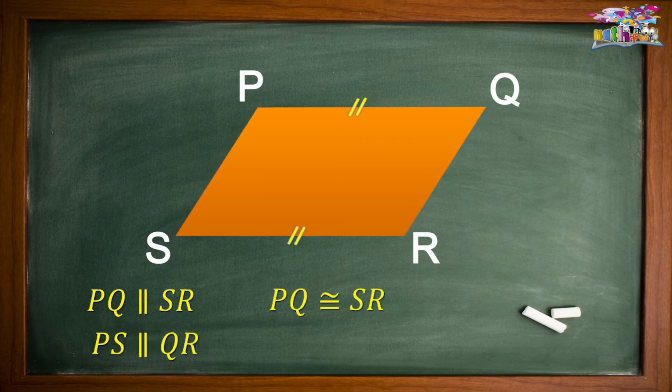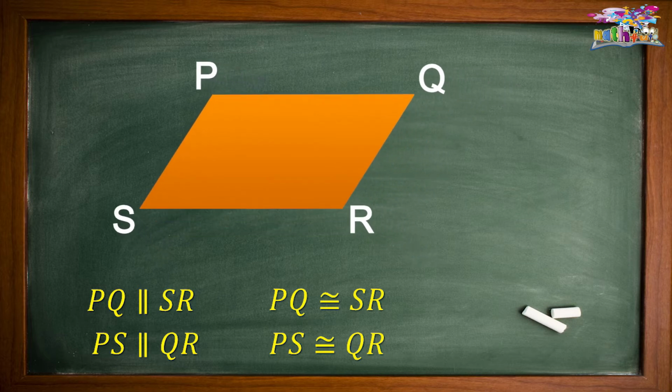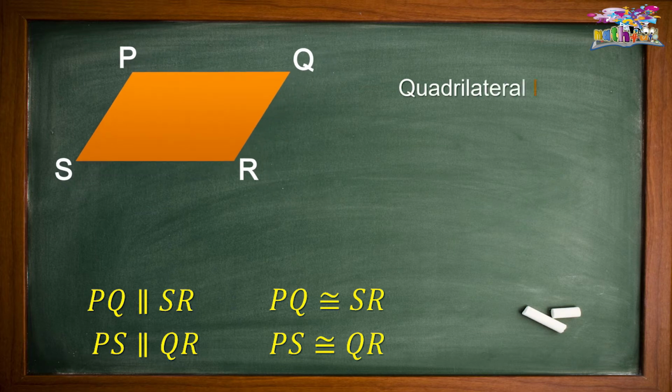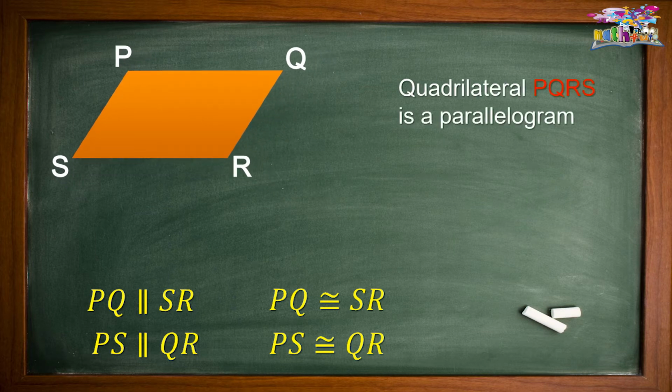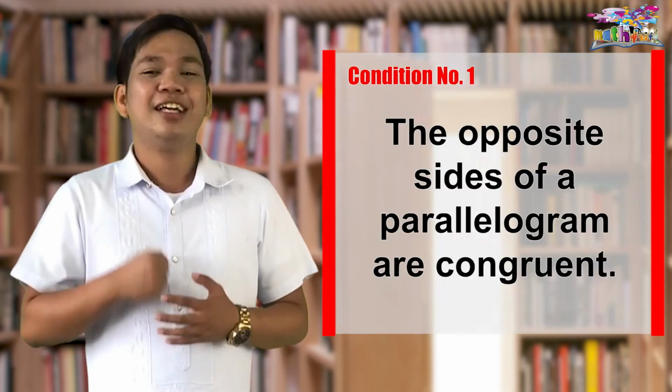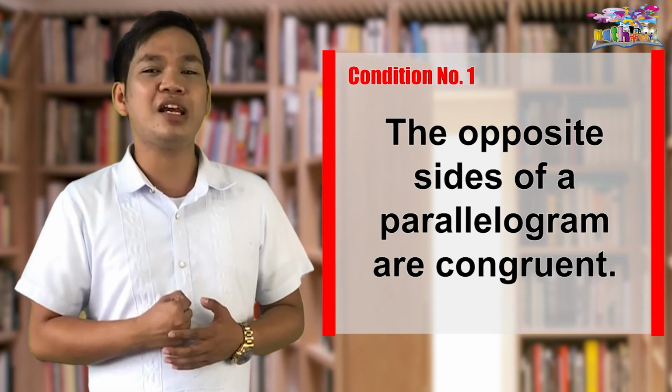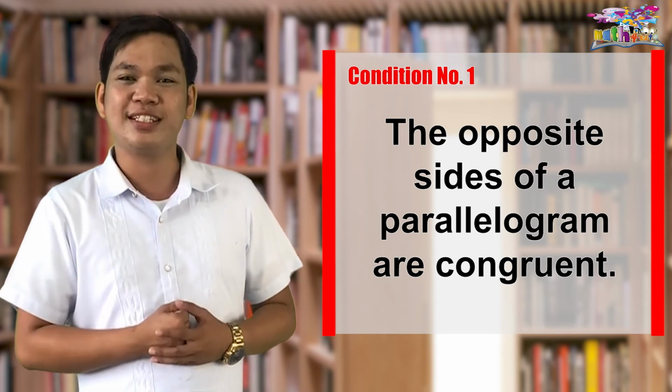Moreover, PQ is congruent to SR, and PS is also congruent to QR. Therefore, with these conditions, quadrilateral PQRS is a parallelogram. Again, the opposite sides of a parallelogram are congruent.